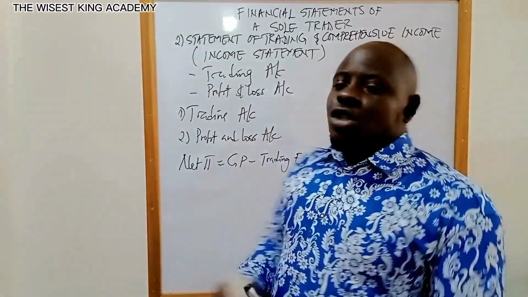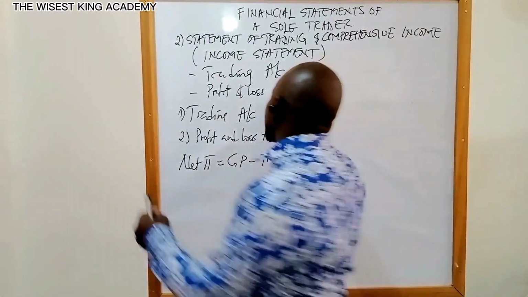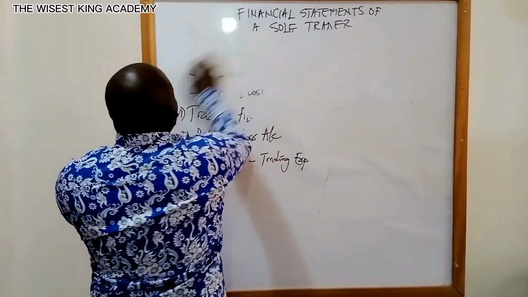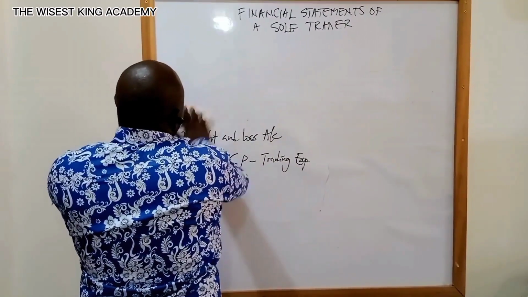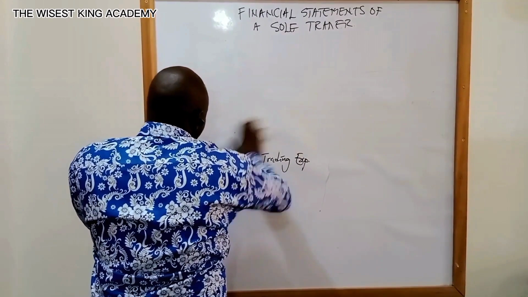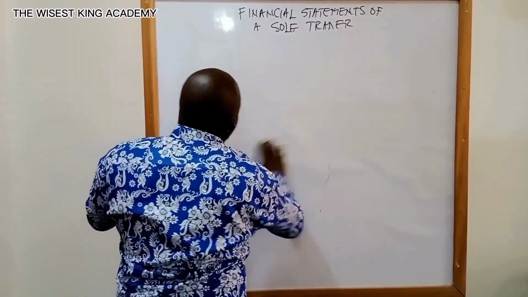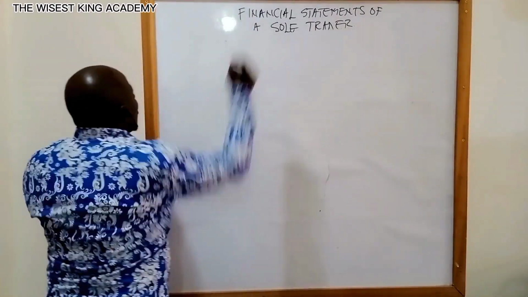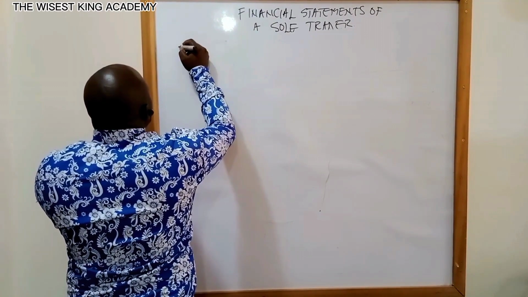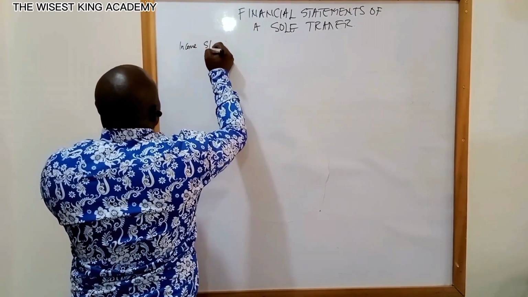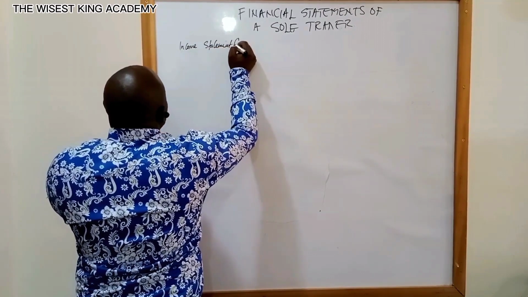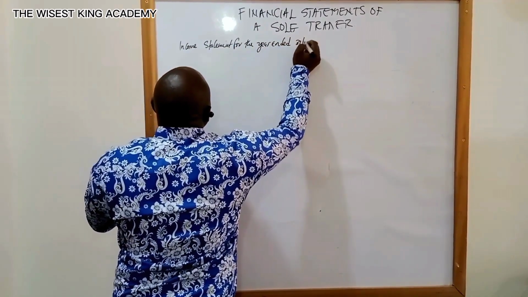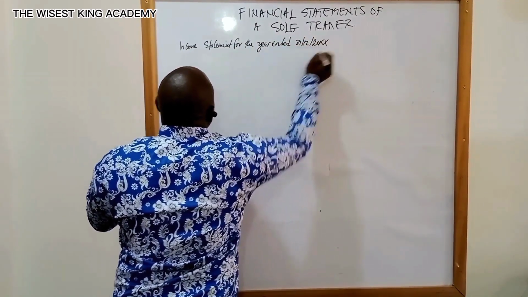So, we are going to look at the format now of an income statement, and precisely we'll look at the vertical format. Okay, we have the income statement for the year ended 31st December 20XX.